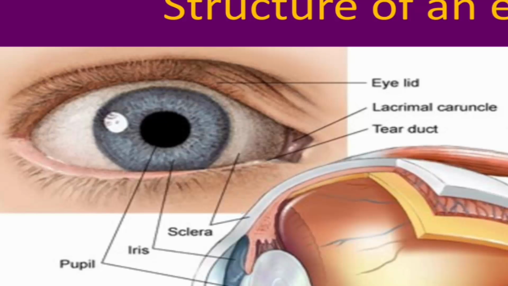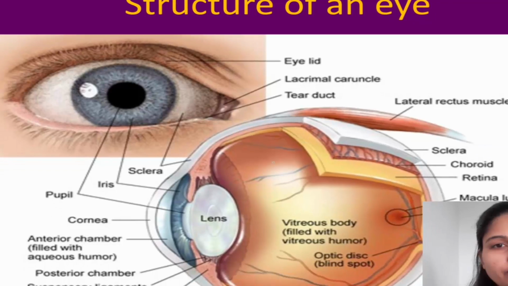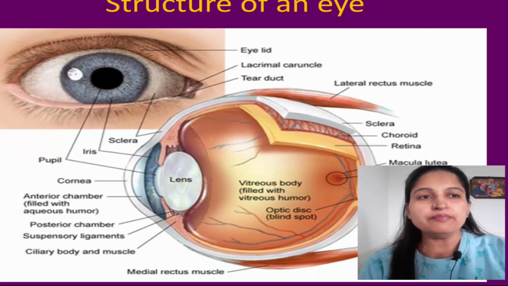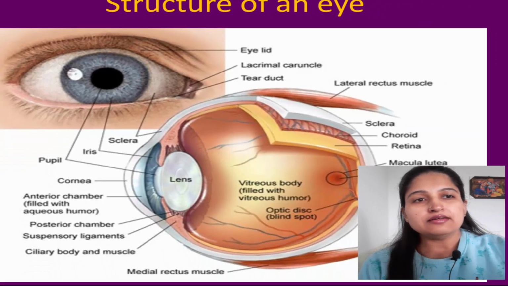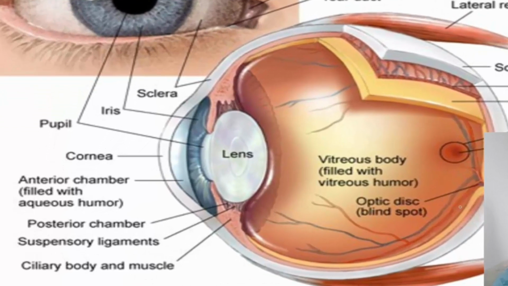In this cross section or schematic view, you can see the sclera extends all around the eye, and it is very hard and literally protects the eye from any kind of damage. The front portion of the sclera is known as the cornea.